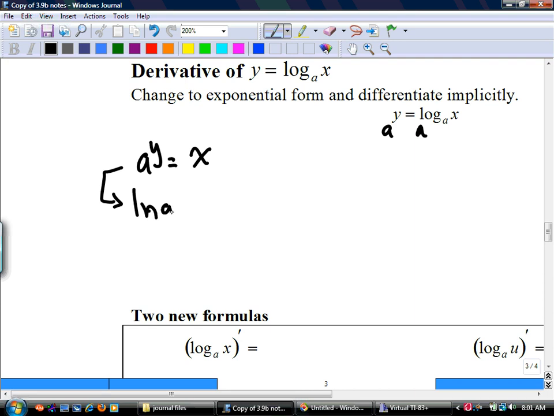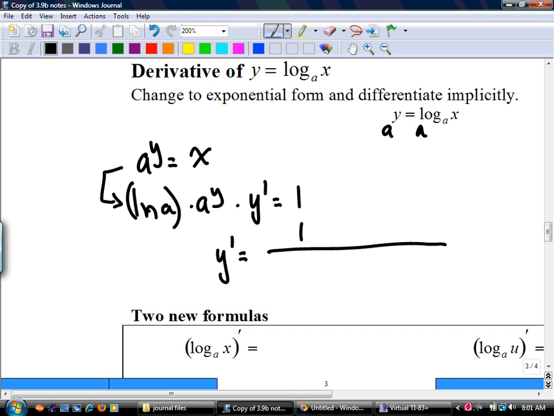ln a times a to the y times y prime equals, take the derivative of the right-hand side, 1. Okay, make it y prime equals 1 over ln a times a to the y.